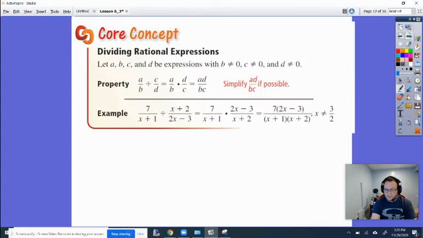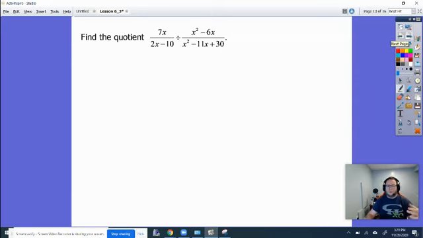Okay, one last thing we need to look at is division. The only difference with division is that we need to do that KFC, the keep flip change. So 7x, 2x minus 10. Now I would go ahead and flip it first. It's going to be your best bet, actually.